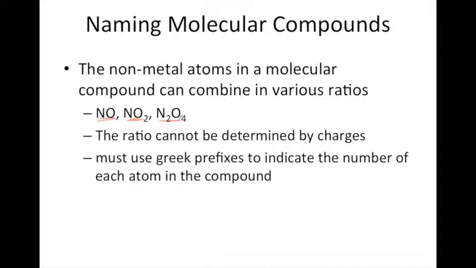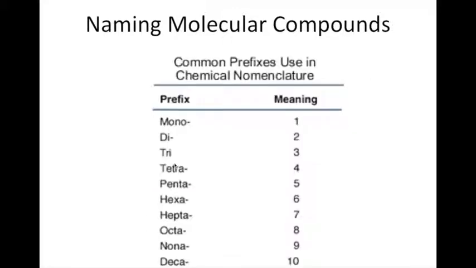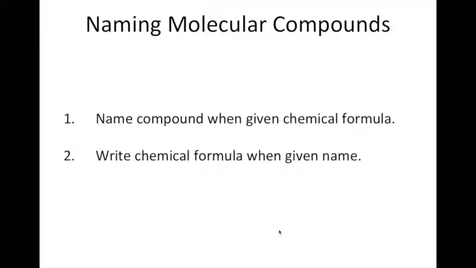So in order to indicate how many of a particular atom we have combined together, or to indicate the ratio that the atoms combine, we use Greek prefixes to tell us how many of each atom we have. In the Greek prefixes, you can see those. Mono is 1, di is 2, tri is 3, etc. So you want to be sure that you are familiar with these Greek prefixes.